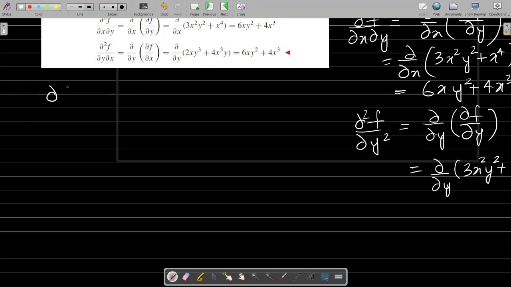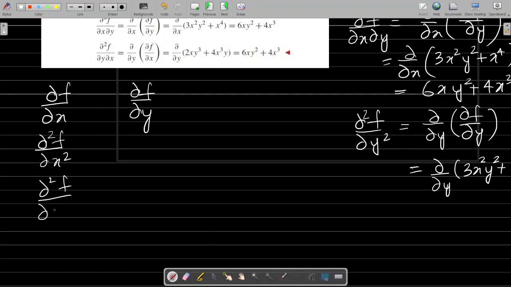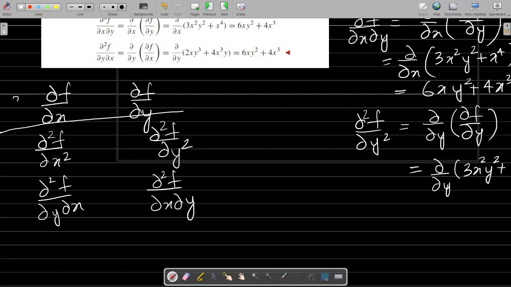First order partial derivatives are just ∂f/∂x and ∂f/∂y, so there are 2. When it comes to second order partial derivatives, there are 4: ∂²f/∂x², ∂²f/∂x∂y, ∂²f/∂y∂x and ∂²f/∂y².